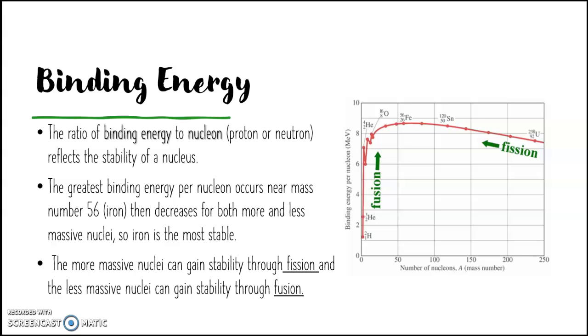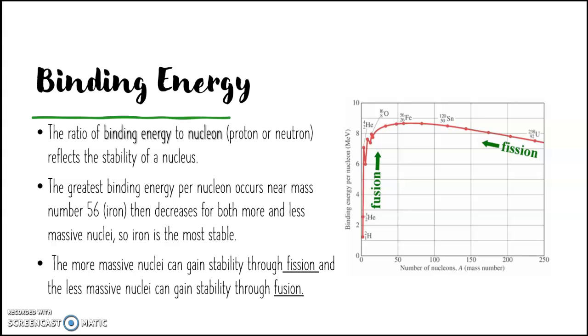We notice that lighter atomic nuclei will have rapidly increasing binding energy as atomic mass goes up. But once we reach a peak of atomic mass 56, the binding energy goes down. Iron 56 has the greatest binding energy per nucleon and is the most stable nucleus out of any other atom.